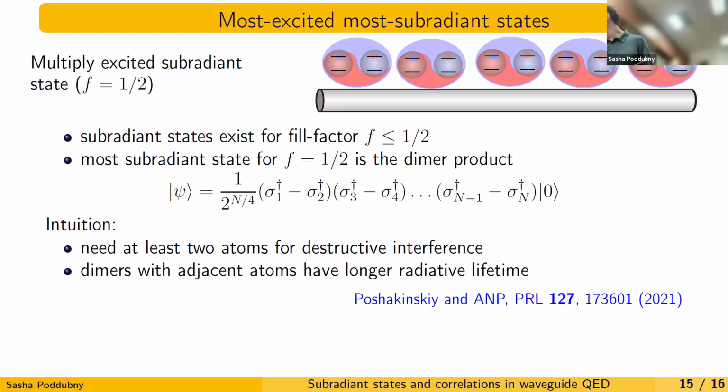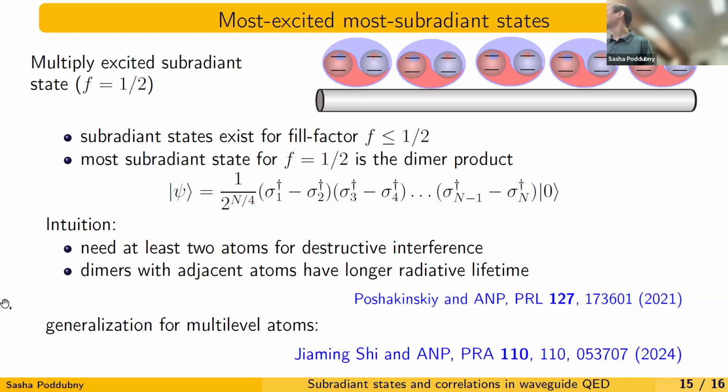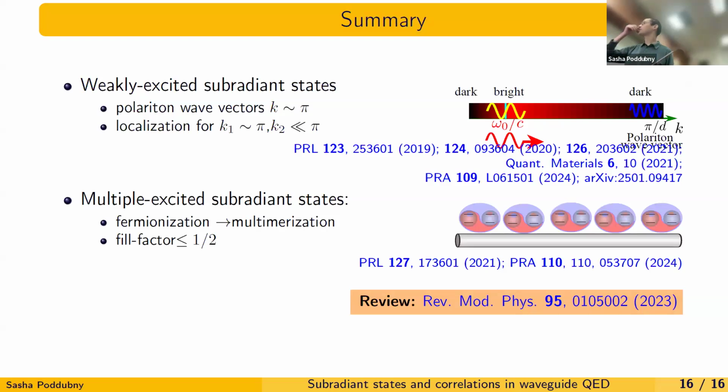So with this, I will conclude. We have generalized this for multi-level atoms. We have actually done a lot of studies on the driven dissipative model, where you have external driving to the system and you measure something. So we don't just do eigenstates, but for today I will stop.